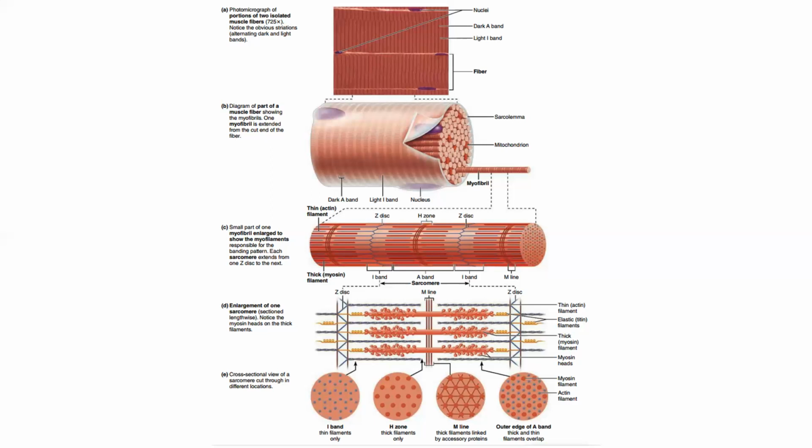So now if we go deeper into that diagram, we are doing a cross-section in the different areas of the sarcomere. If you look at this area of the sarcomere, we don't have any myosin fiber, we only have actin and this titin protein.